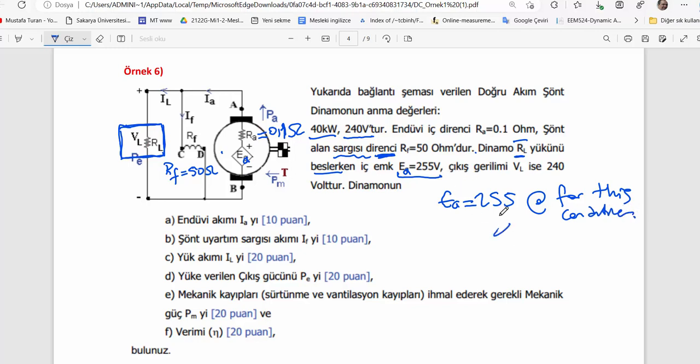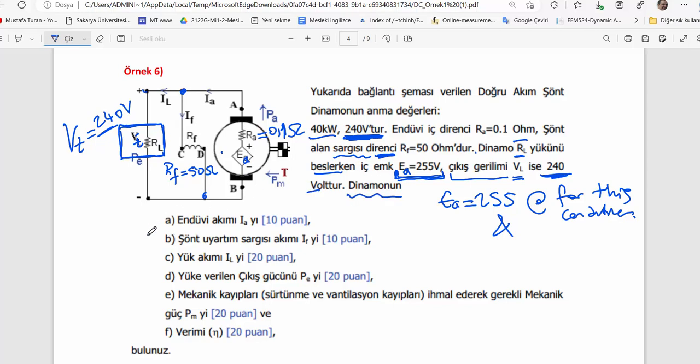At the same time, the output voltage is 240 across the load. Vt is equal to 240 volts. In fact, we haven't been given any point on this, but we understand that the load voltage is, let me say, the terminal voltage. Terminal voltage is 240 volts.